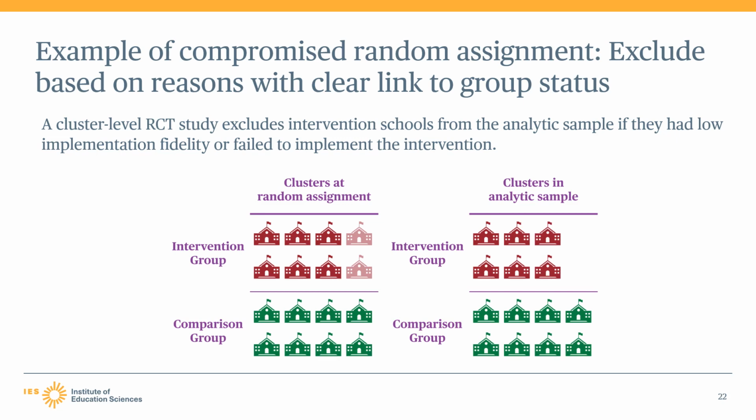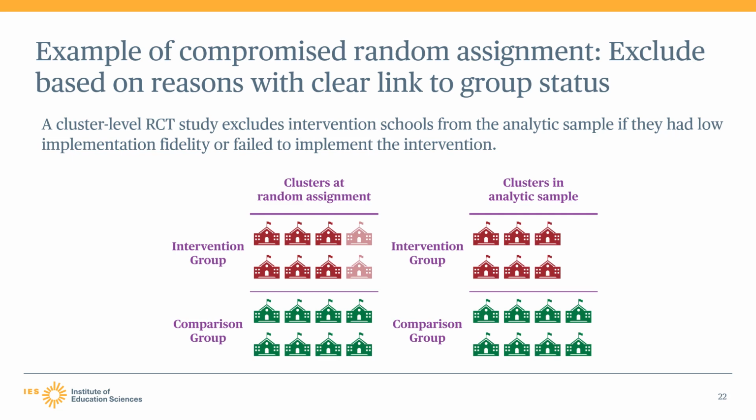The WWC considers a clear link to be present when the exclusion is based on a measure that may have been affected by intervention status. And as a result of this, those units excluded from the intervention condition may differ systematically from those excluded from the comparison condition, and the remaining participants in the study conditions may no longer be comparable.